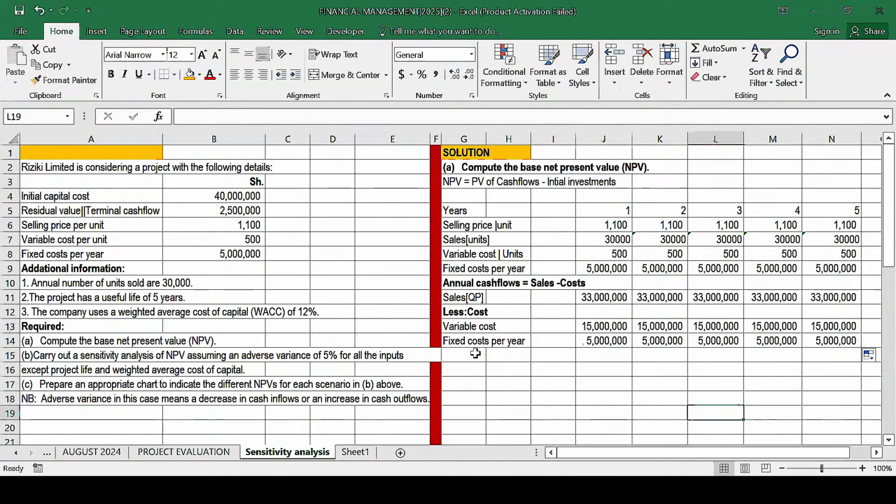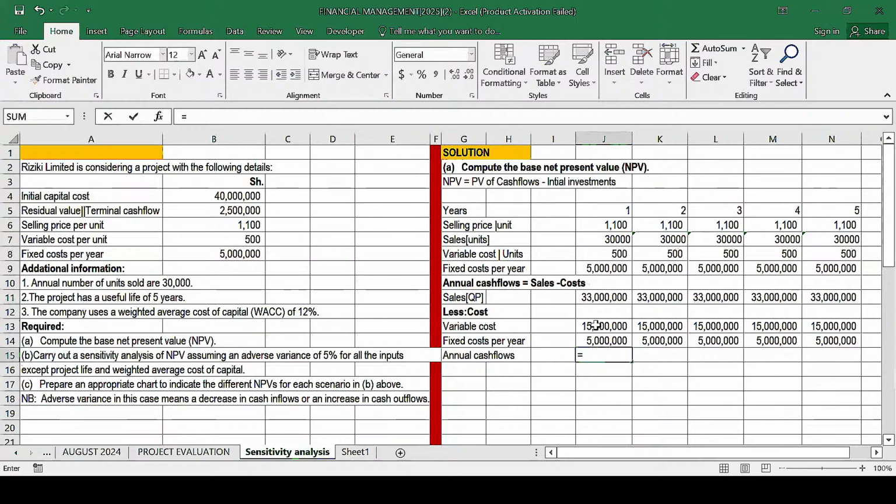Now, having that, I need to move and I do what? I compute the annual cash flows. The annual cash flows here will be equal to the sales minus the two costs.